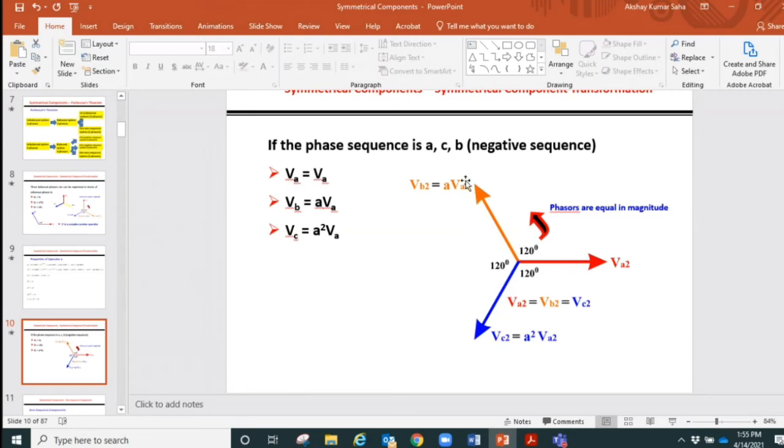For negative sequence, we will always remember that when we see 2, it means it's negative sequence. If we want to write the negative sequence voltage, we must make sure that we use the suffix 2 to indicate that it's a negative sequence voltage. So if I say I2, it's negative sequence current. If I say Z2, it's negative sequence impedance. If I say V2, it's negative sequence voltage, like that. Is that clear?